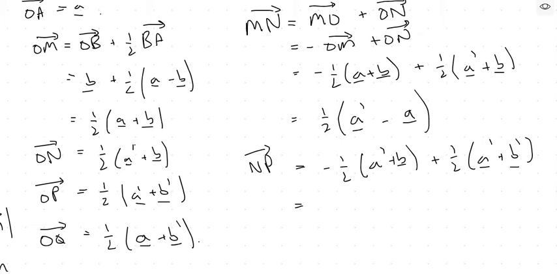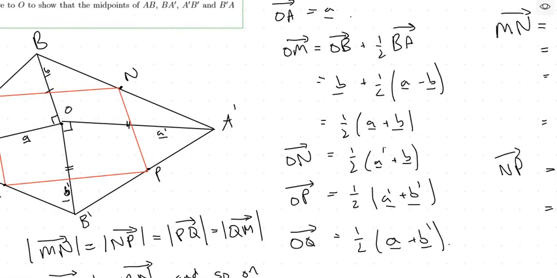And that gives, so they cancel, a half B dash minus B. And that was from N to P.